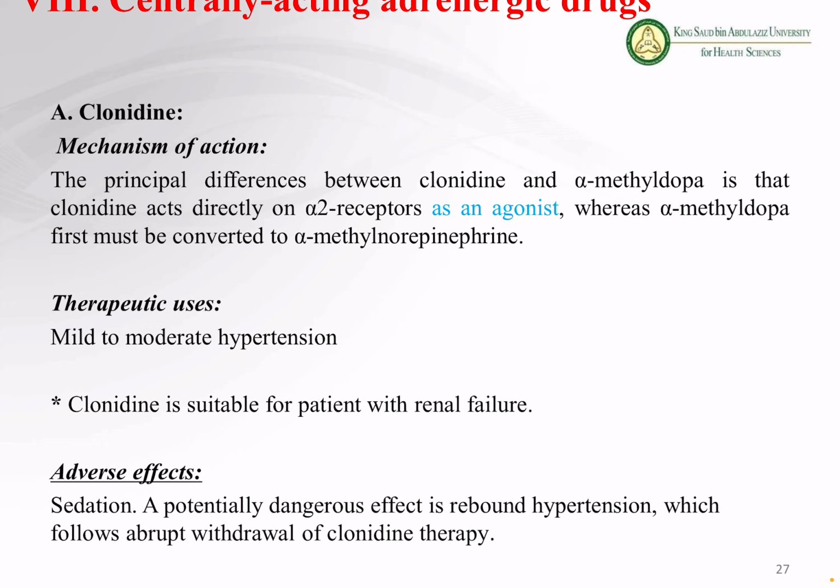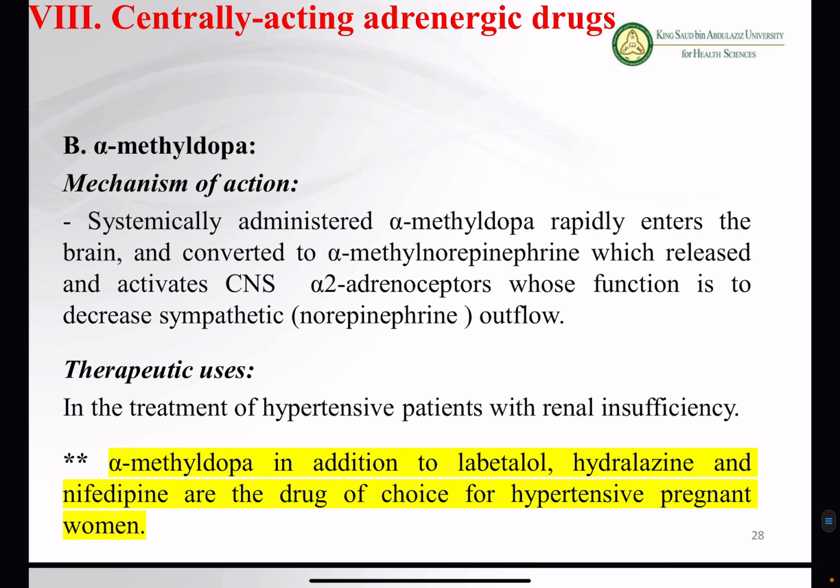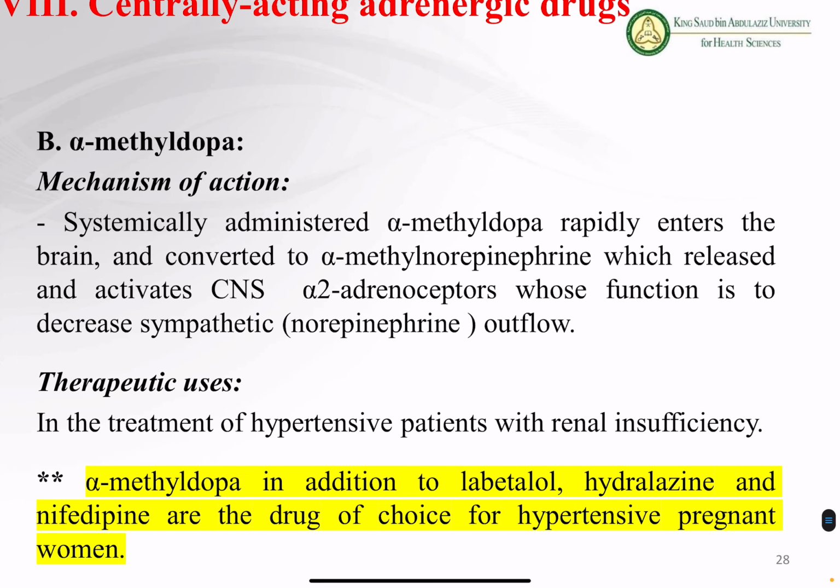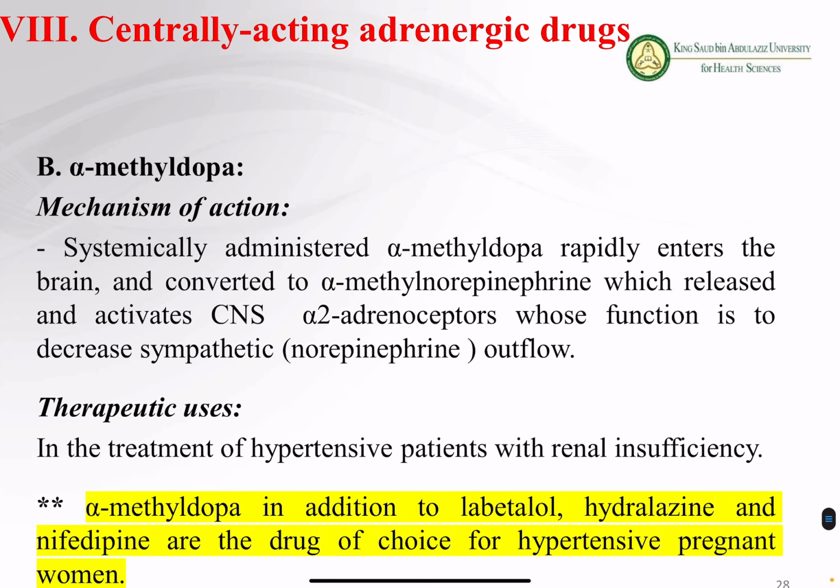So this is about clonidine. Then the second one is alpha-methyl dopa. If you remember previously we discussed that in pregnant mothers, some drugs are teratogenic, but alpha-methyl dopa is one of the safest antihypertensives we can use during pregnancy. It is available orally, and there is an intravenous alternative also.